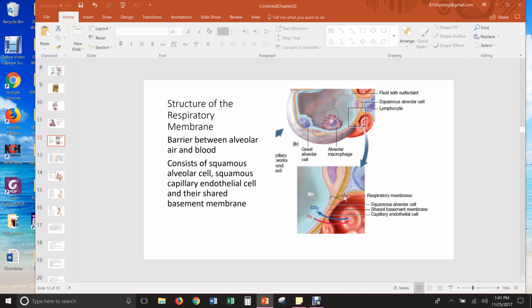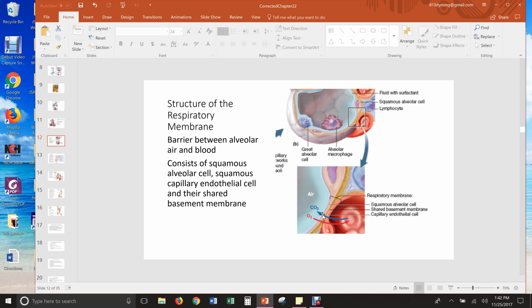It's going to have some water, which is basically going to be surfactant, which is a type of material that helps with the ability of the lungs to reduce their tension so that the lungs do not collapse in when we're breathing. So this respiratory membrane is very important.